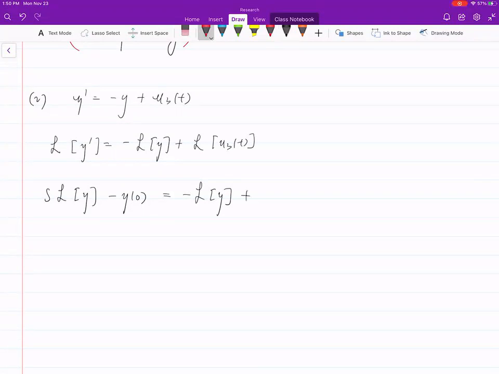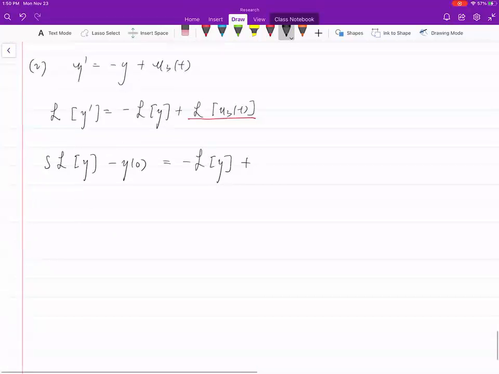First difficulty, I do not know the Laplace transform of this. Okay, we only know the exponential. Then the question becomes, can you find the Laplace transform of this?